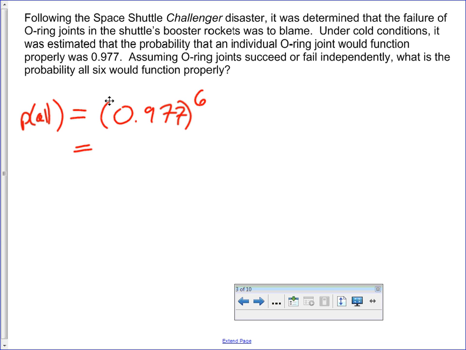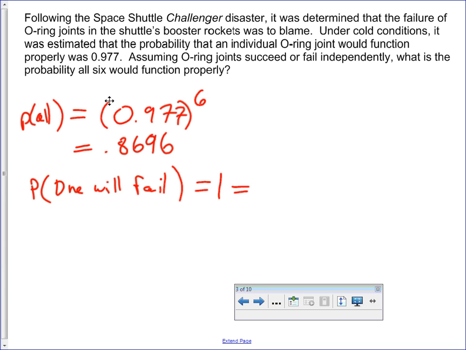And so when we do this, 0.977 to the 6th power is 0.8696, which is a fairly high probability, but that means the probability that 1 will fail is 1 minus 0.8696, or 0.1303, because this is really a 9.5, so this should be a 9.7, sorry, rounding error.